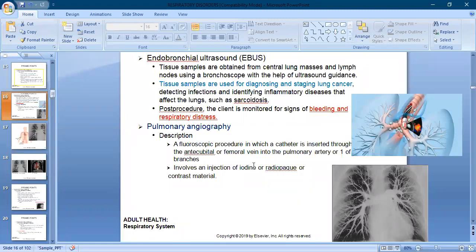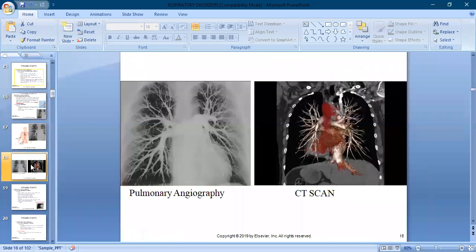And post procedure, make sure the patient takes enough food and enough water. With more water, more urine, so the dye or contrast media has to pass out through the urine. So in this picture showing pulmonary angiography, by the pulmonary angiography we can see the vascular system inside the lungs.